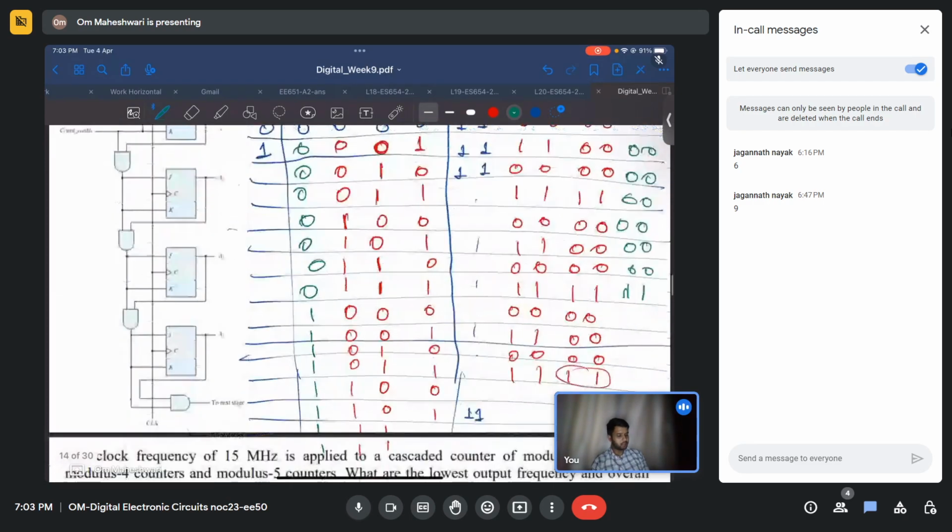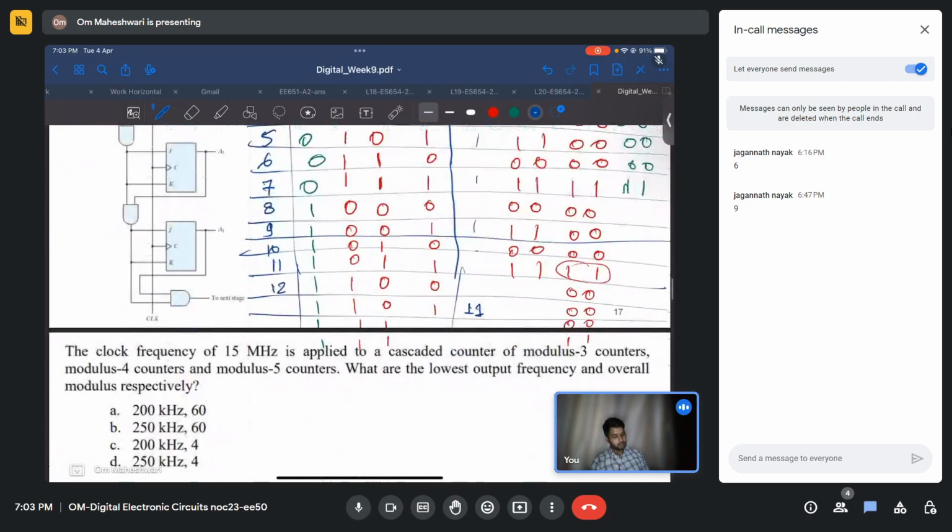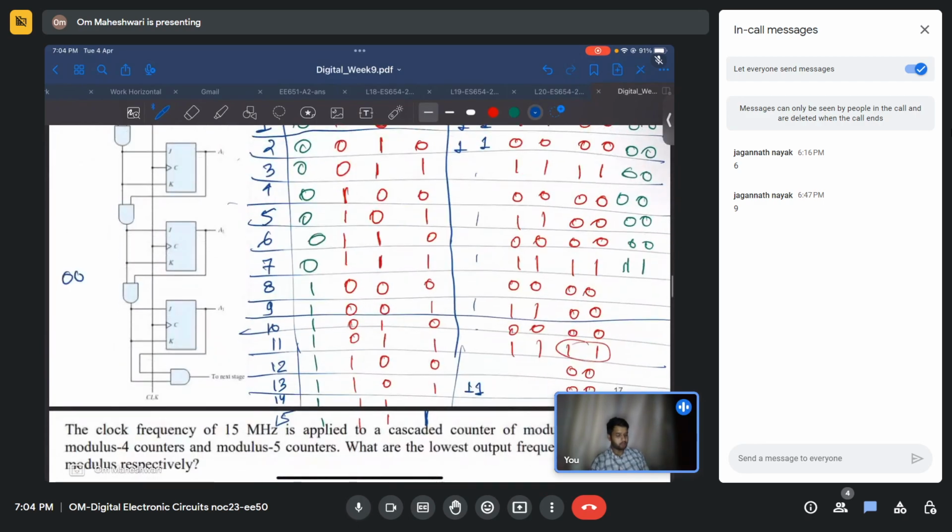So if you see, it is a complete mod 16 counter. It has counted all 16 states. Sorry, 15 only, zeros there. So it counts from 0, 0, 0, 0 to 1, 1, 1, 1.